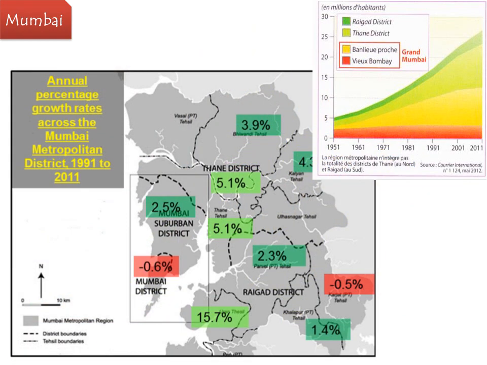As seen on the graph, since the 1950s, it's mostly the suburbs and even the cities, the urban areas outside of Mumbai, which have grown. The population of old Mumbai has remained the same because there's no room for more people, which is confirmed by the map, which shows that during the 20 years before 2011, urban growth mostly concerned urban areas outside of Greater Mumbai.